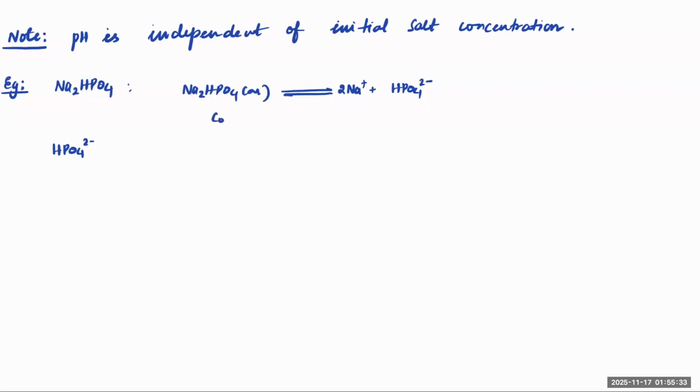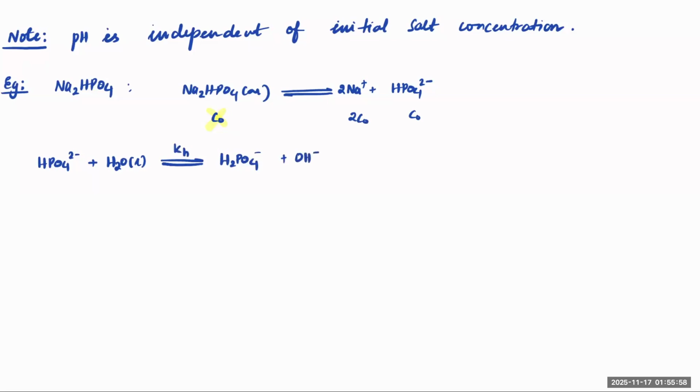Okay, so this is initial concentration C naught, and it will get completely dissociated into 2 C naught and C naught. So this C naught value, which is HPO4 2 minus, will react with H2O, trying to get itself hydrolyzed, which means it will become H2PO4 minus plus OH minus.